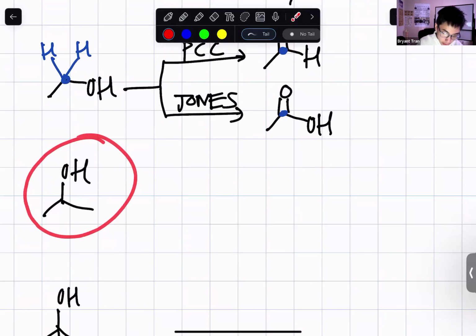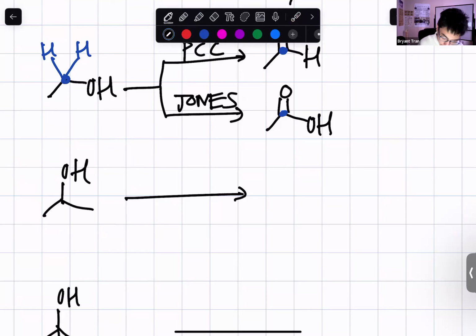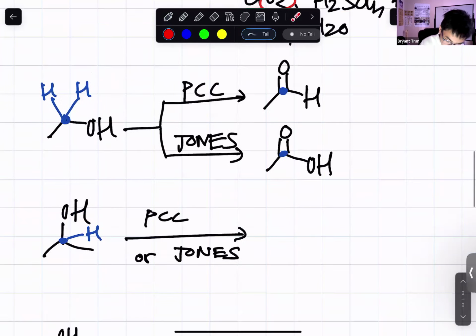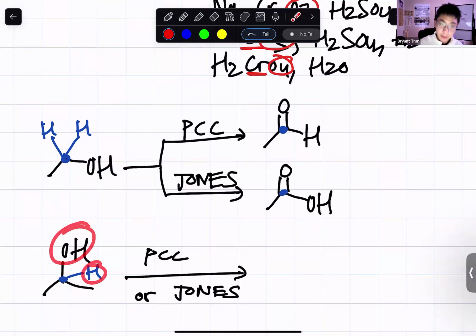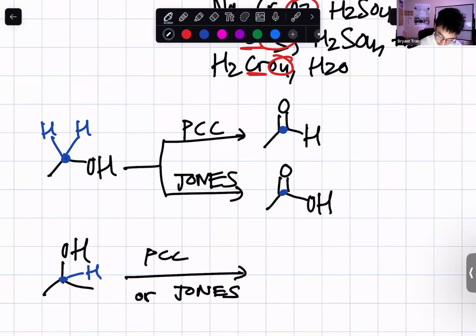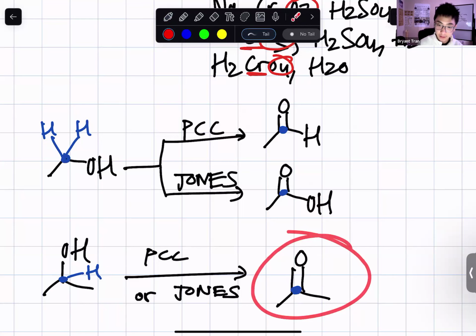For a secondary alcohol, it does not matter whether you use PCC or Jones, you get the same thing. The blue carbon holding the alcohol only has 1 hydrogen, so we only have 1 hydrogen to remove in exchange for 1 bond to oxygen, giving us a ketone.